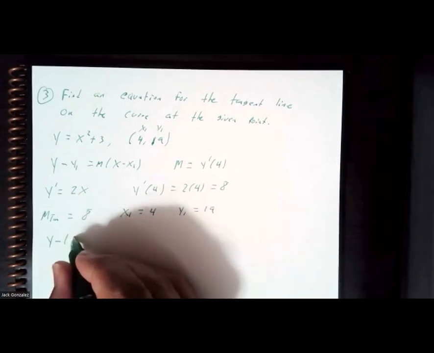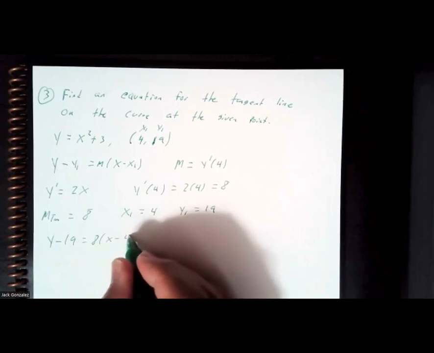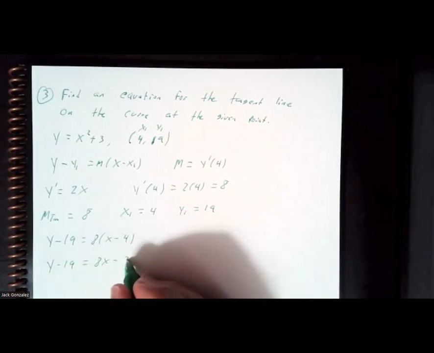Y minus 19 equals 8 times x minus 4. So that'll become 8x minus 32. Add your 19 over. What is that? Negative 32 plus 19. 13.